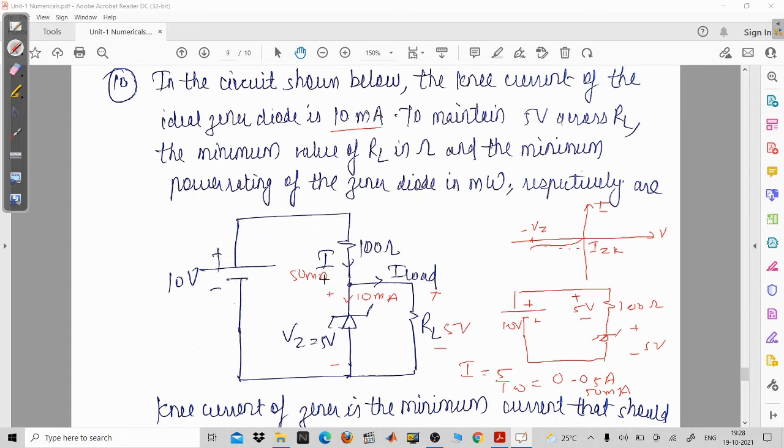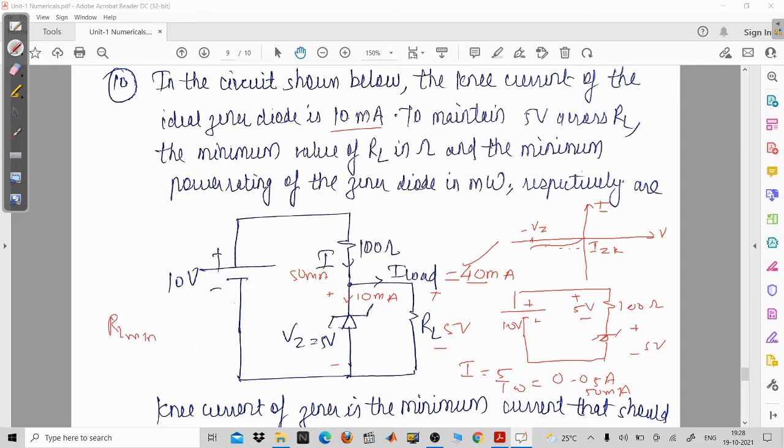So now this current is 50 milliampere and the knee current is 10 milliampere. So you can easily find the load current value, and that is 40 milliampere. Keep in mind that this value is the maximum load current, so you can easily find RL minimum.